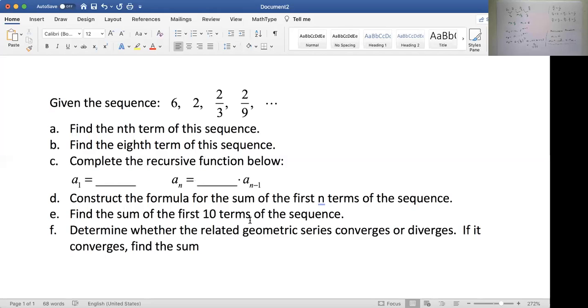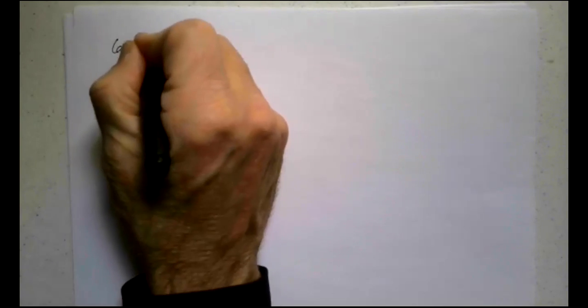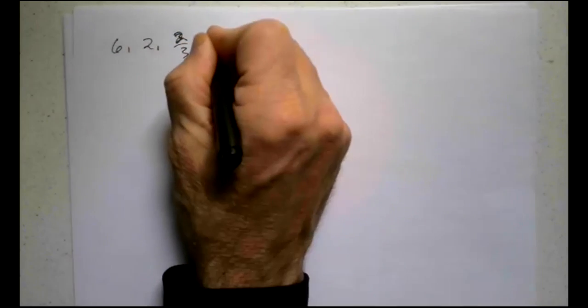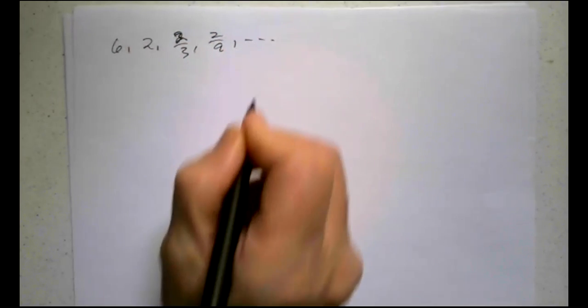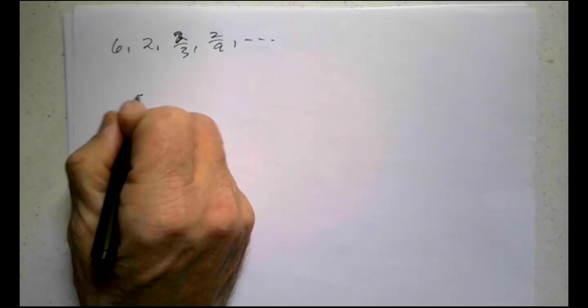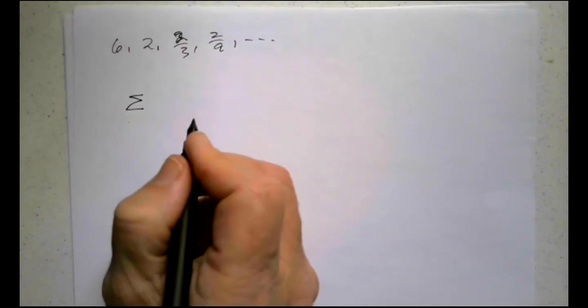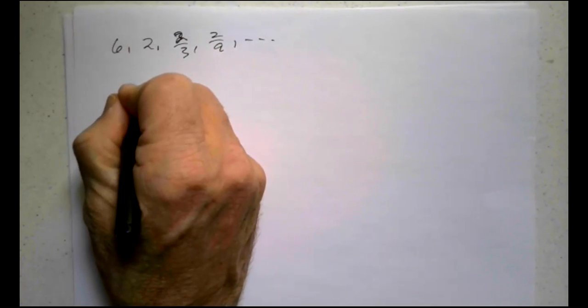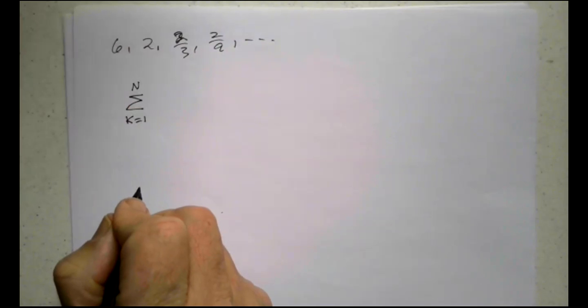Construct a formula for the first n terms of the sequence. Well, I guess there are two ways for us to think about that. Remember, our sequence was 6, 2, 2/3, 2/9, and so on. The first n terms is the sum as k goes from 1 to n.